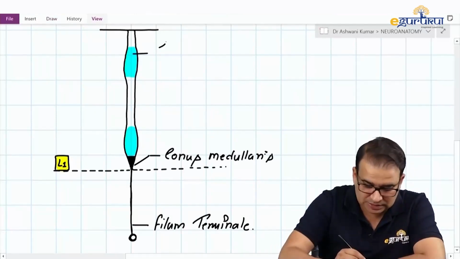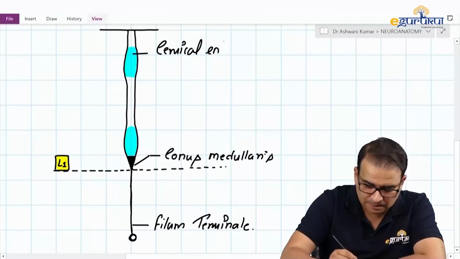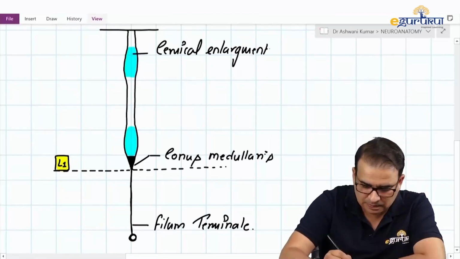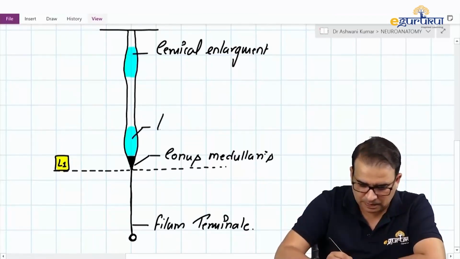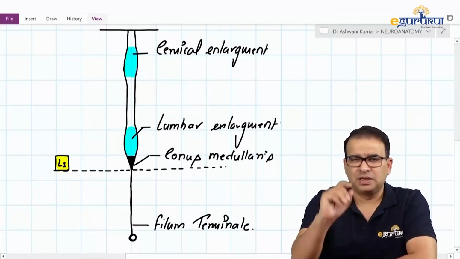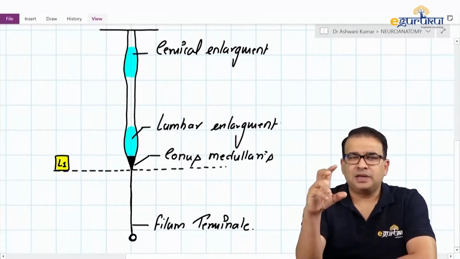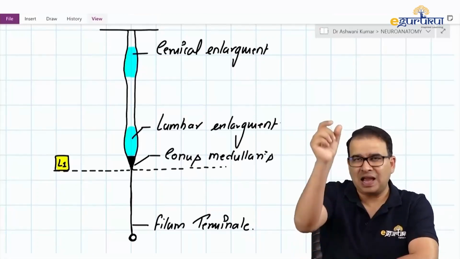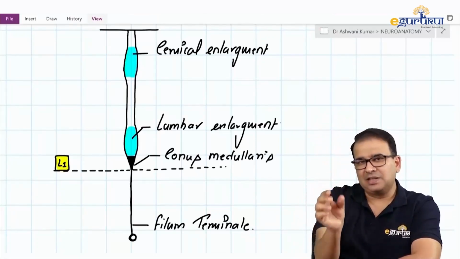This is called the cervical enlargement. And the lumbar enlargement. That's because of their location. What do the cervical and lumbar enlargements represent? Why can't we have a uniformly cylindrical spinal cord?